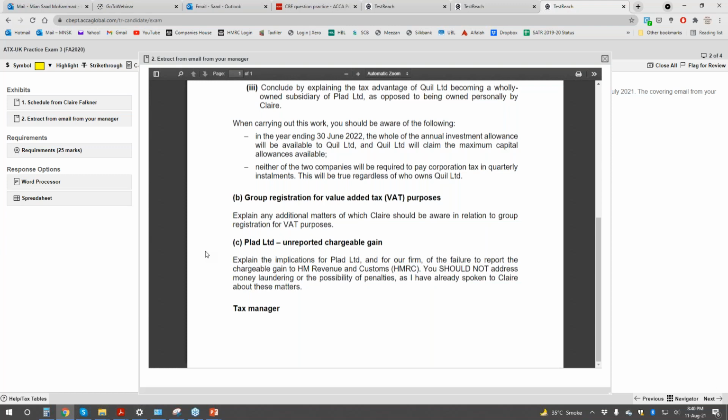The benefit is that all of the companies can submit their VAT returns together, but they should nominate a company that will be responsible for communication with HMRC for VAT purposes. Another benefit is that the companies do not have to charge VAT intra-group, meaning they do not have to charge VAT on sales or claim input VAT on purchases that they make between themselves.